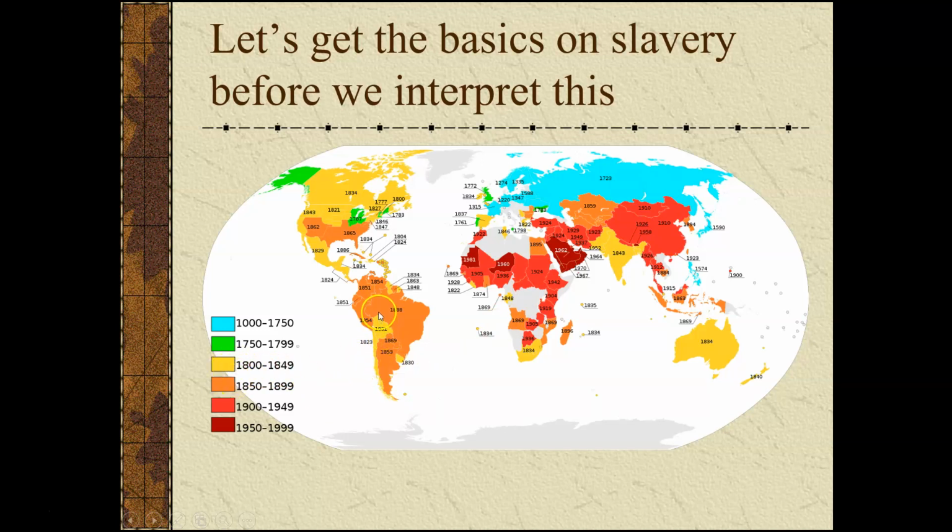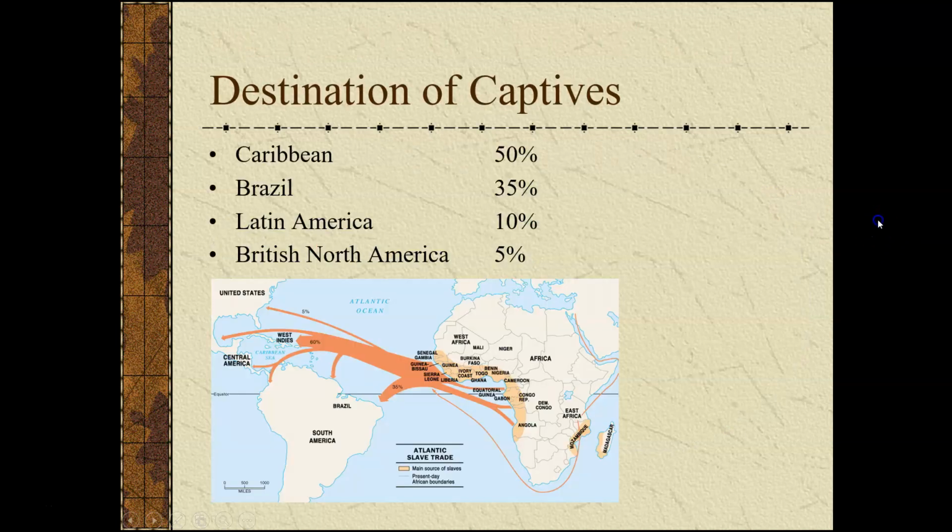All of South America, Central America, majority of North America, certainly in our time period, 1750 to 1900, this green to orange, a lot of the world got rid of slavery at the same time. Okay, that's how you can interpret this. And that's how the majority of people in class interpret this.